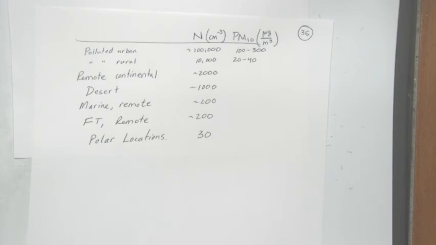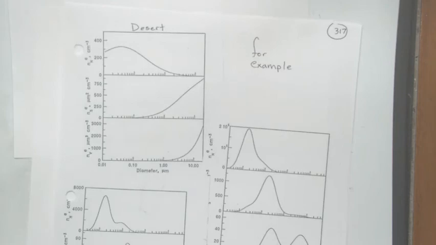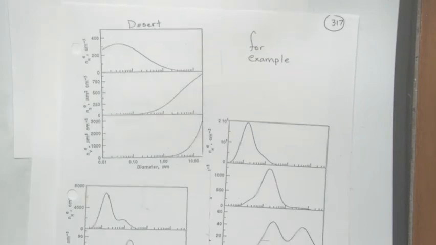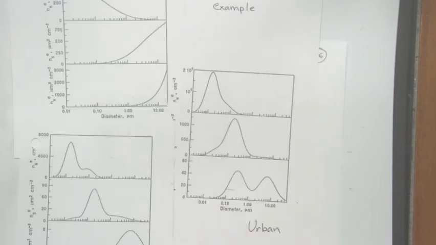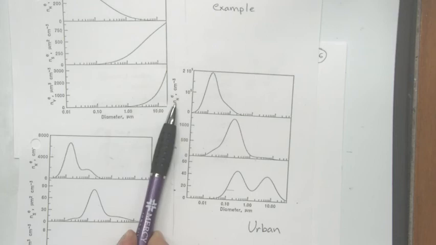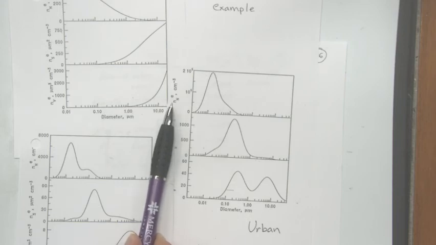And then the book has a lot of typical size distributions. So let's start with the urban one. Let's see if we can interpret this. This is n sub n e, so this is the natural log normalized size distribution function.